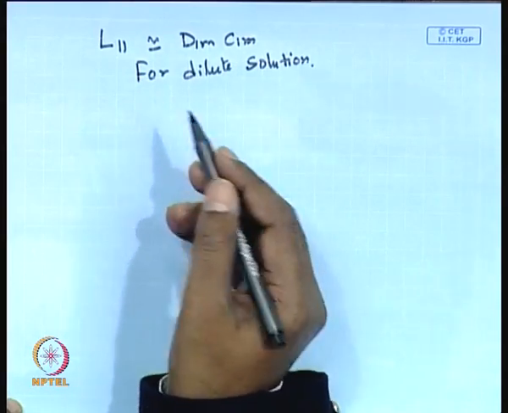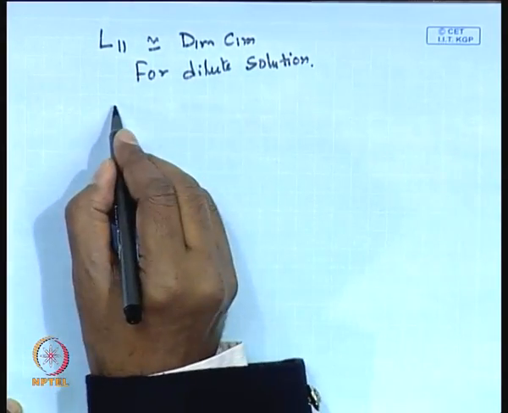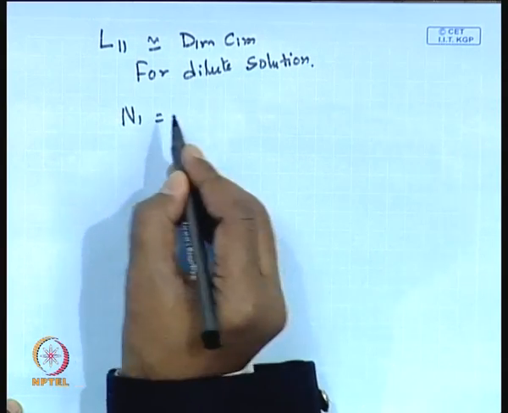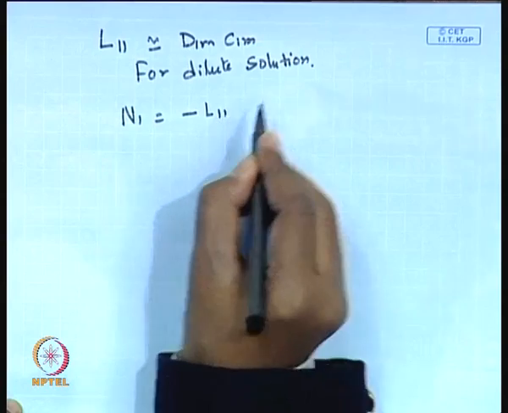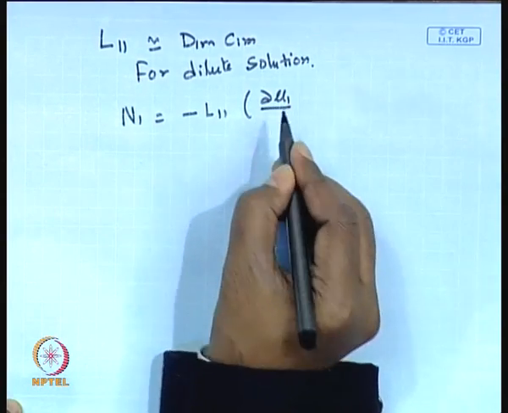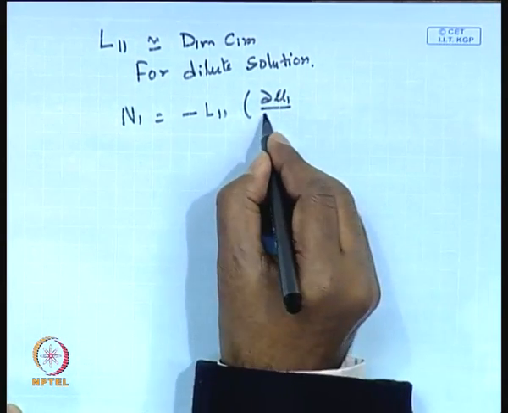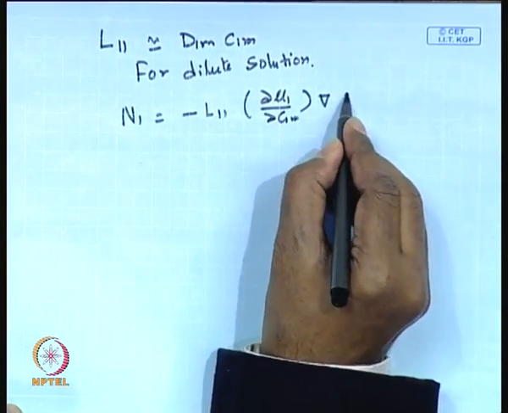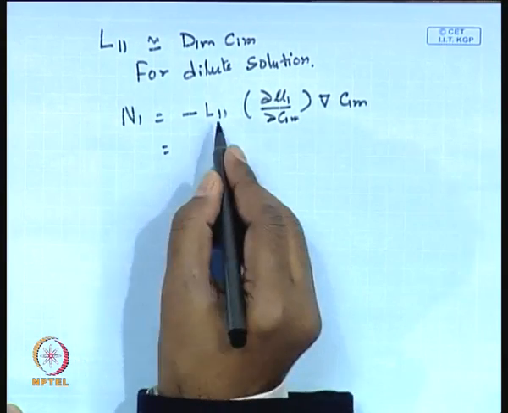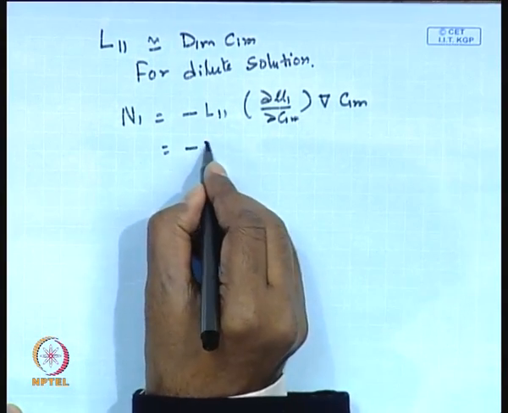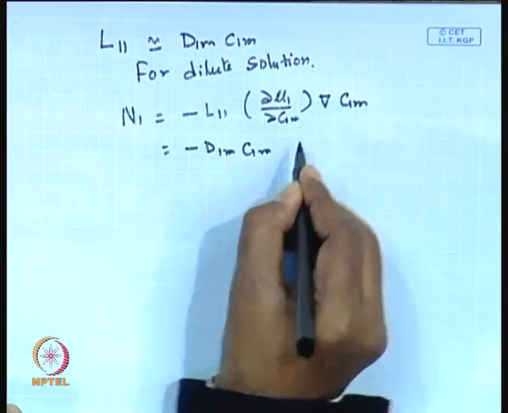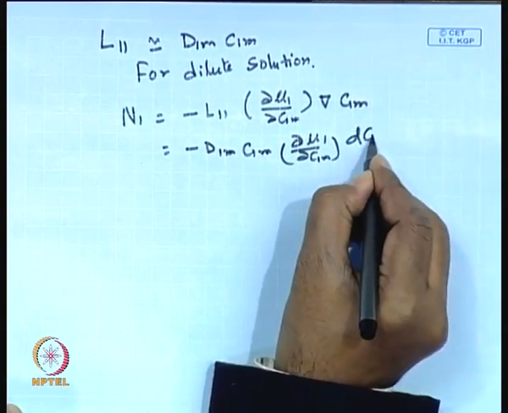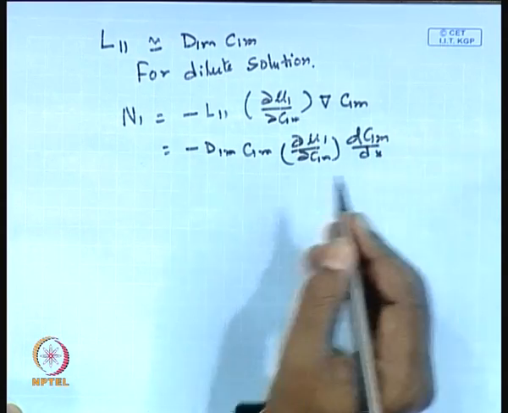Now, if you put that expression here, the final expression of N1 becomes L11 times the gradient of C1m, and now we will put L11 as minus D1m C1m del mu1 del C1m. This is dC1m by dx.